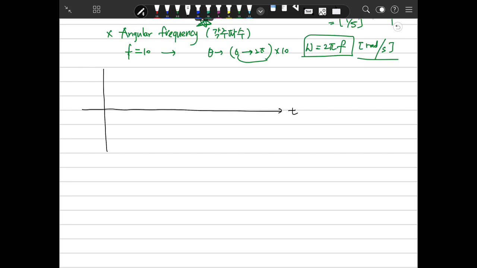This is T, and there is one sine wave here.